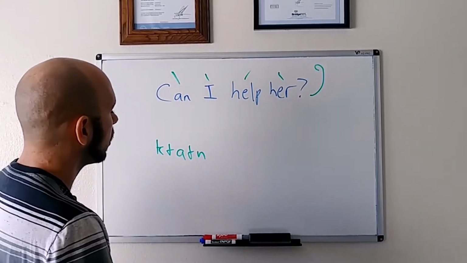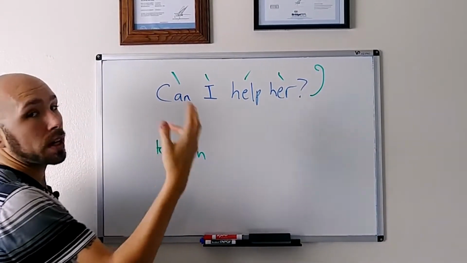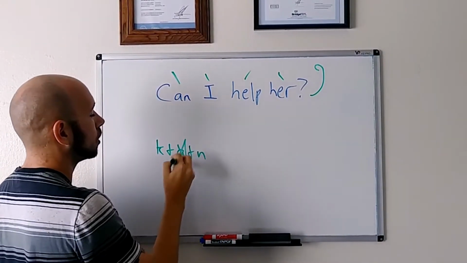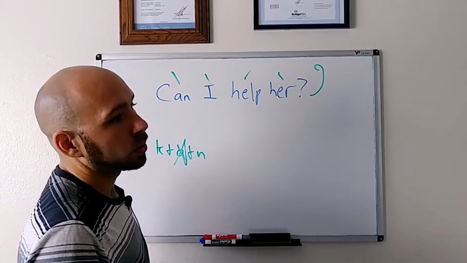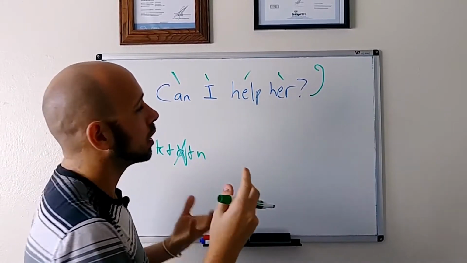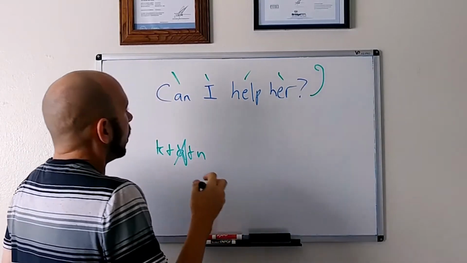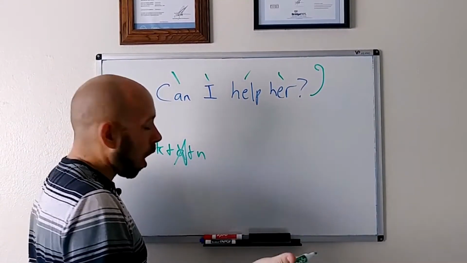So that's pretty easy. But when we don't stress it, we usually reduce it, which means we're gonna take this vowel and we're going to make it into a shorter, faster sound, most commonly the schwa.